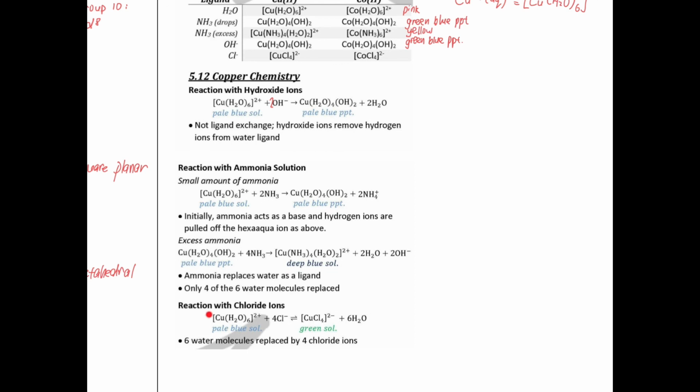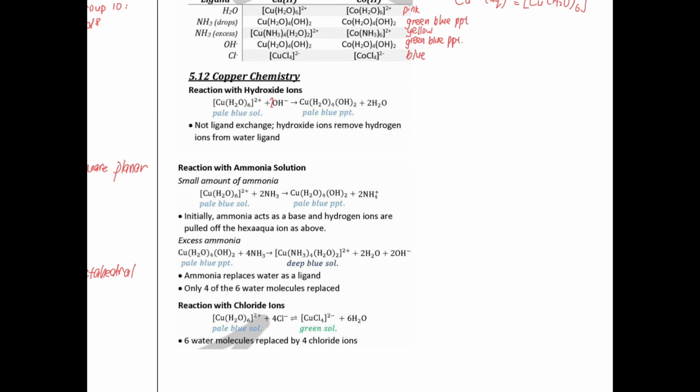Let's see the next reaction. Reaction with chloride ions. If you take copper 2 ions in aqueous to react with chloride, then they form copper 2 chloride, green solution. If you do it for cobalt, they form blue. Have to memorize a bit.